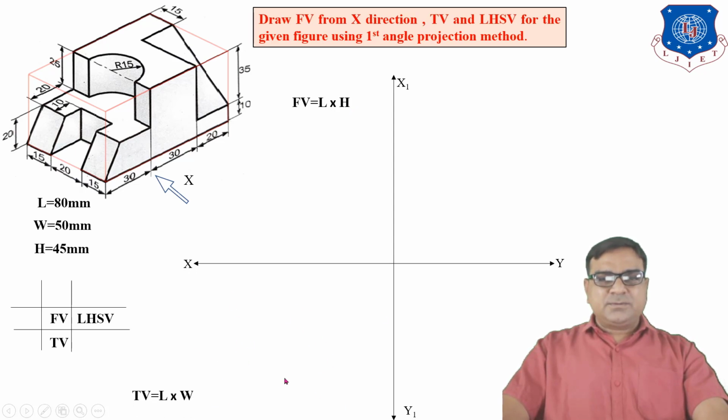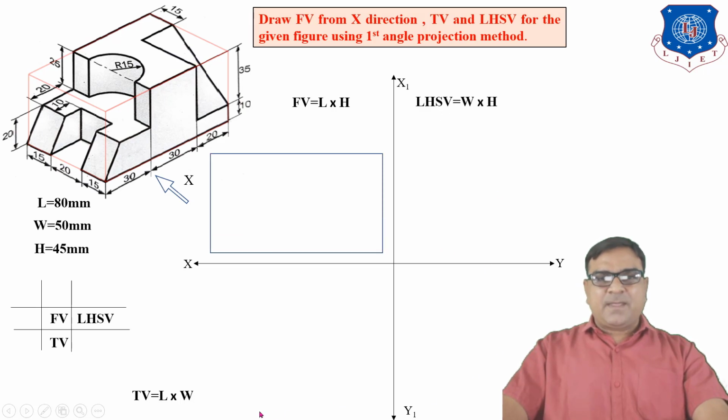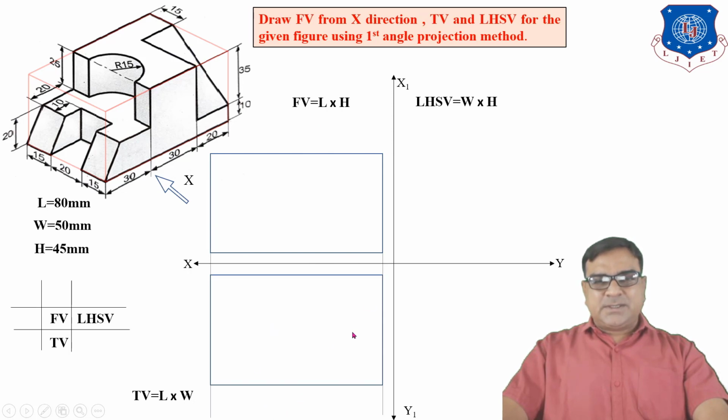The top view comes in one rectangle of length and width, and the side view of width and height. So first of all you have to draw the overall length and height rectangle, which means our front view comes in this rectangle only. Similarly, the top view comes in this rectangle of length and width.